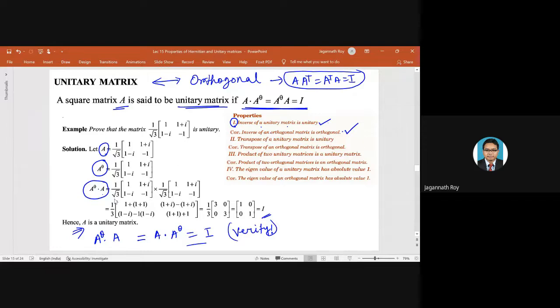In fact, if you remember the P matrix for a given symmetric matrix A from orthogonal diagonalization, you saw that P inverse AP was D, and both of these matrices were orthogonal.